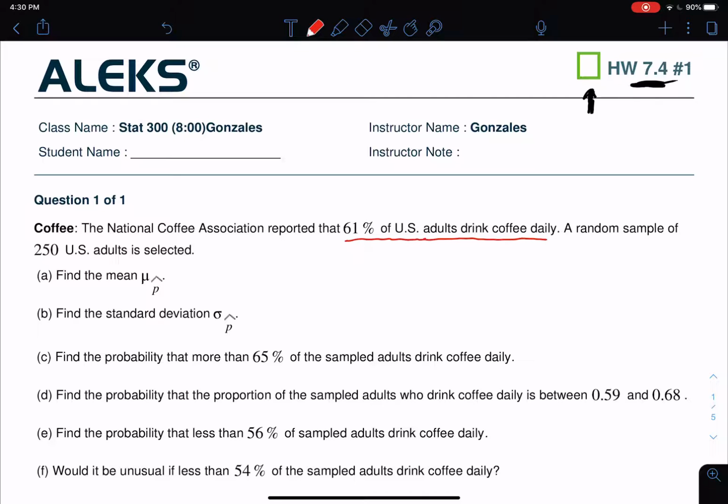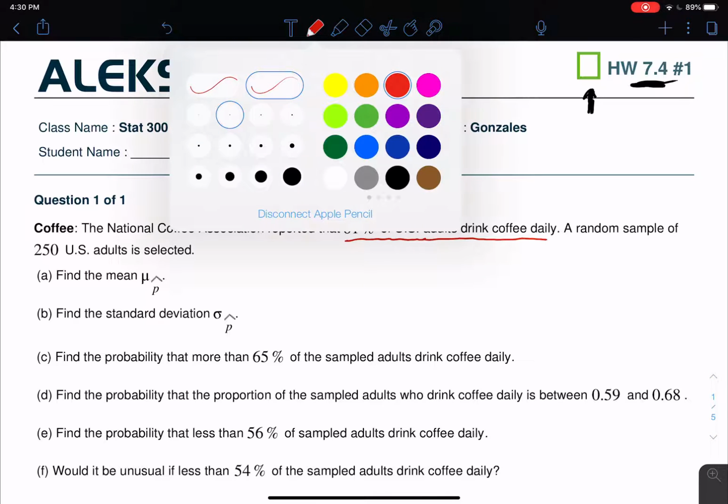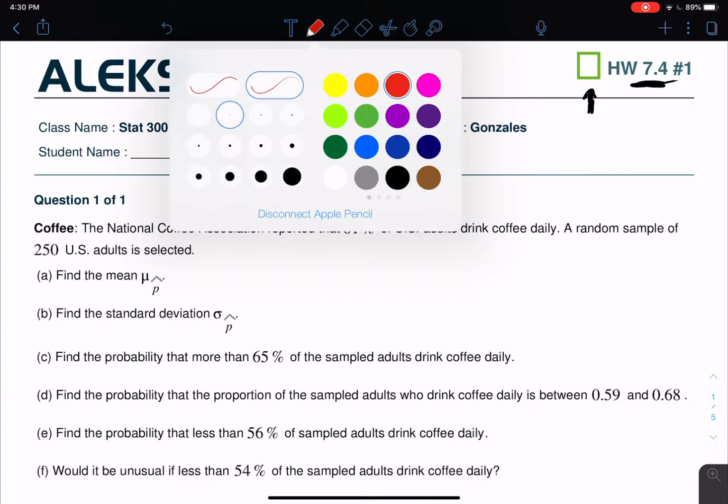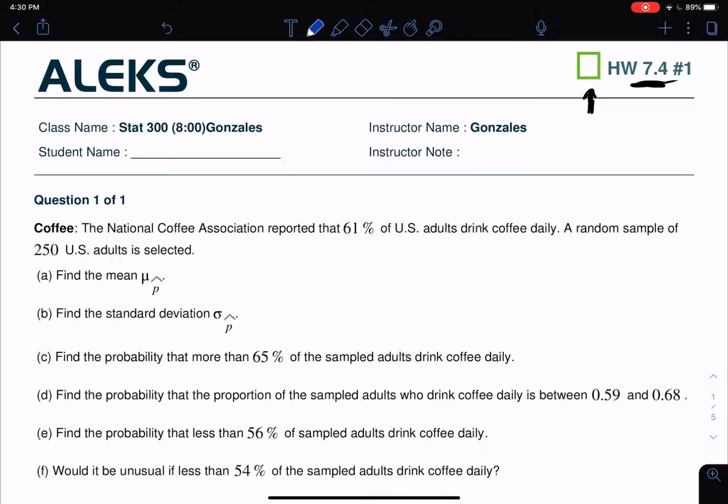So this actually is going to be a p value, a population proportion. And I'm going to do this in blue. So I'm going to say that p equals 0.61.